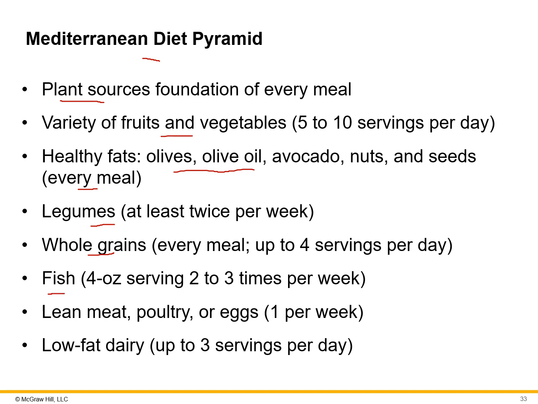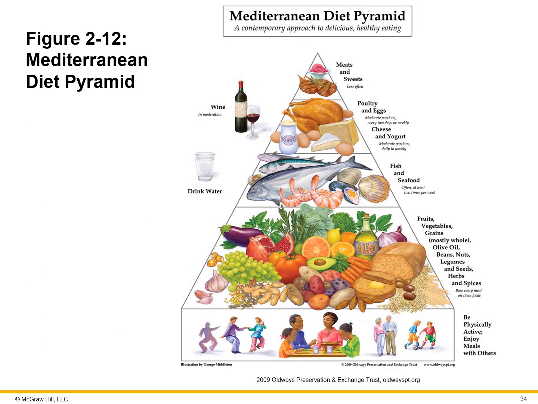Eating a lot of fish, and then lean poultry, meats, or eggs, just 1 per week. Again, mainly focusing on those plant sources for protein, and then low-fat dairy, about 3 servings a day. So this is kind of what that ends up looking like.